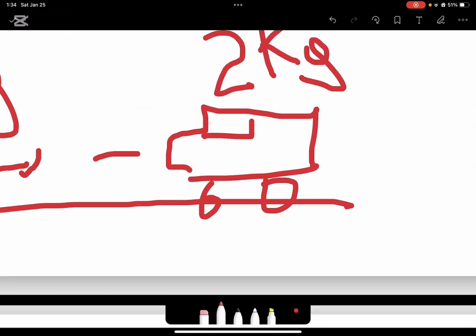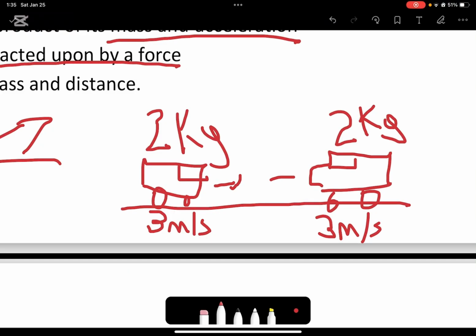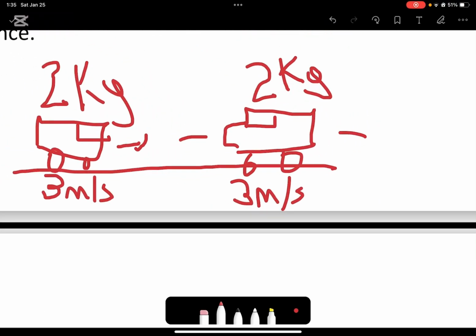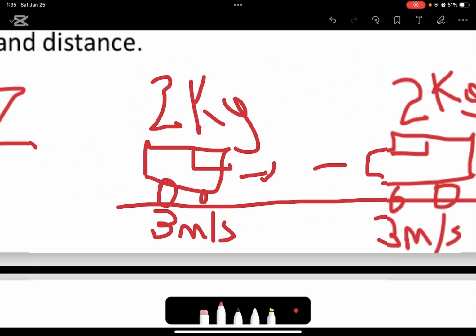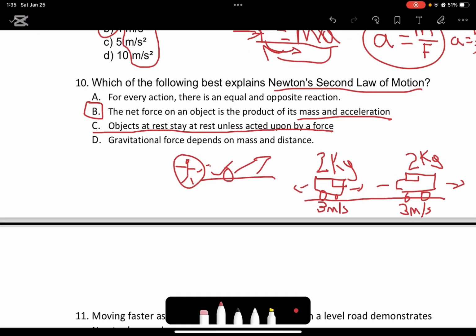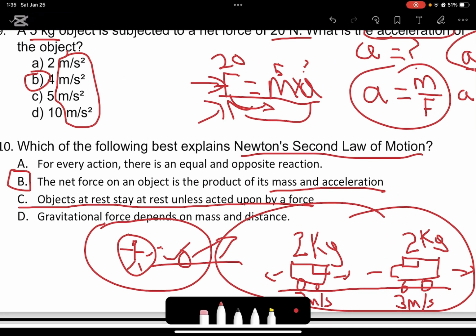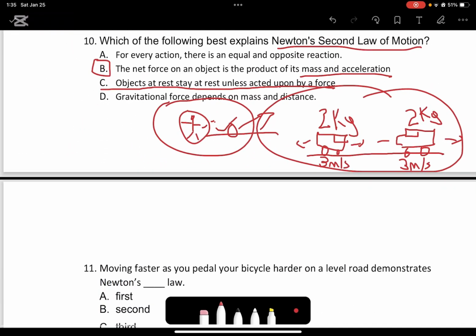And this one is also 3 meters per second. So when they hit each other, this one is gonna go back at 3 meters per second, and this one is also gonna go back at 3 meters per second. So yeah, that's the third law, and that's the first law. And for the second law, it's this one. Yeah, that's it. Let's go down.